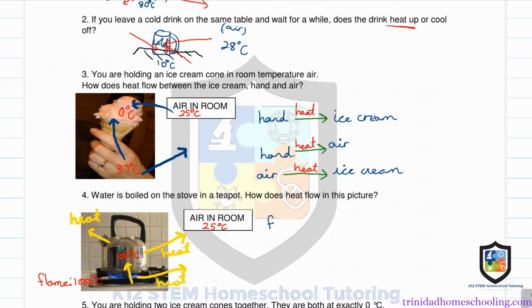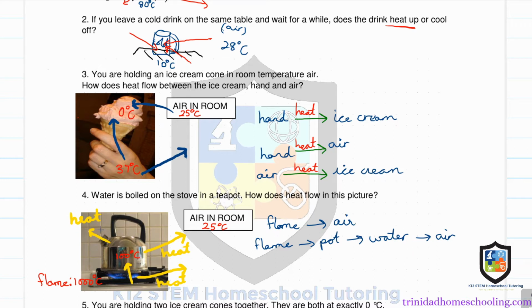We have heat flowing from the flame to the air, from the flame to the pot, then the pot to the water, and then to the air. So that's this one here, right?